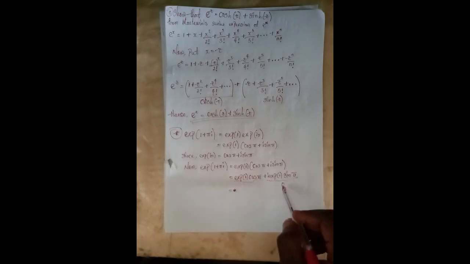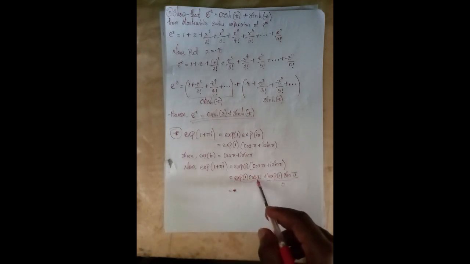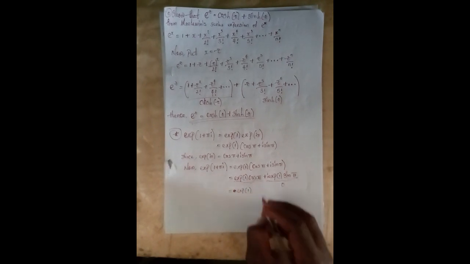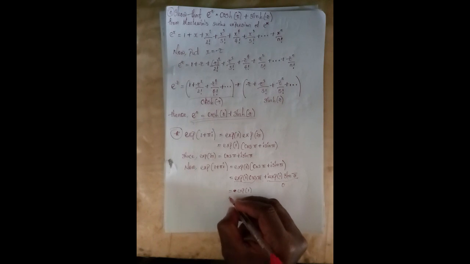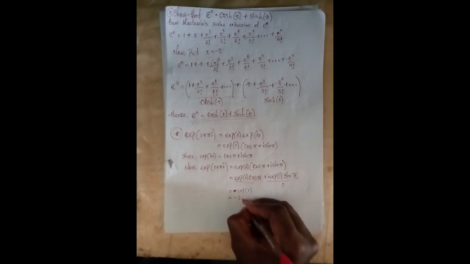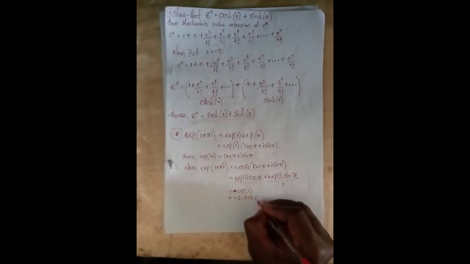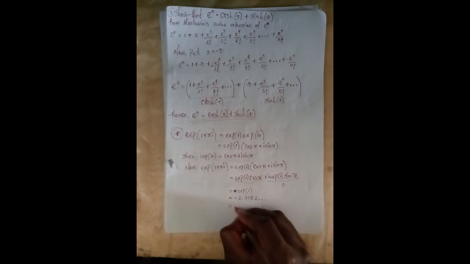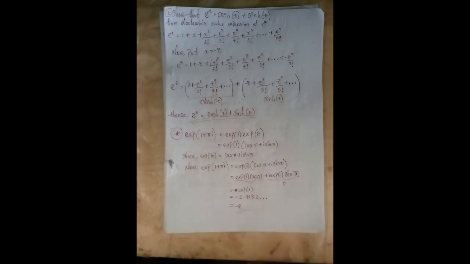Now we know that sine pi is equal to 0, so this whole second expression will be equal to 0. And we know that cos pi is equal to negative 1, so we'll be having the negative exponential of 1. The exponential of 1 we know to be 2.7182 and so on, so we can also write our answer as negative e as our final answer.